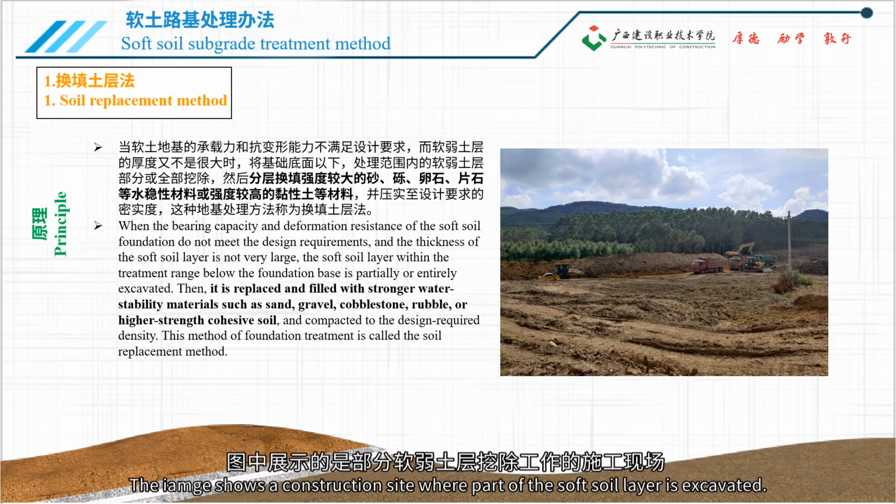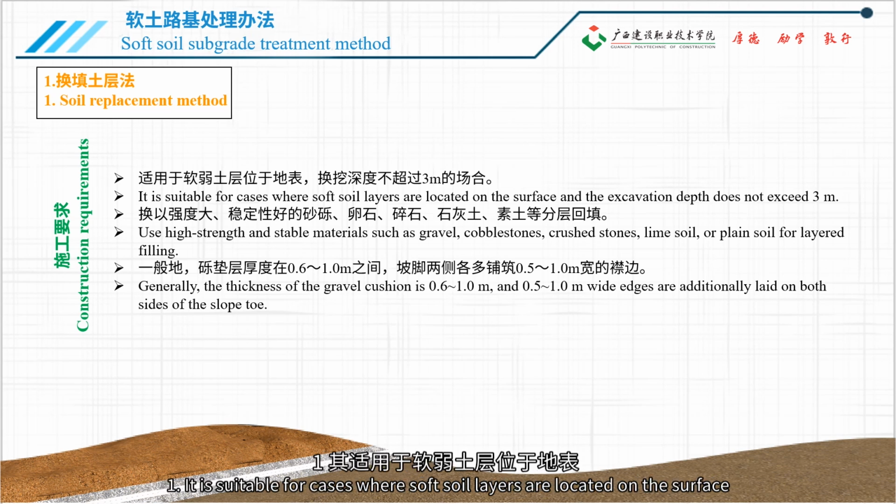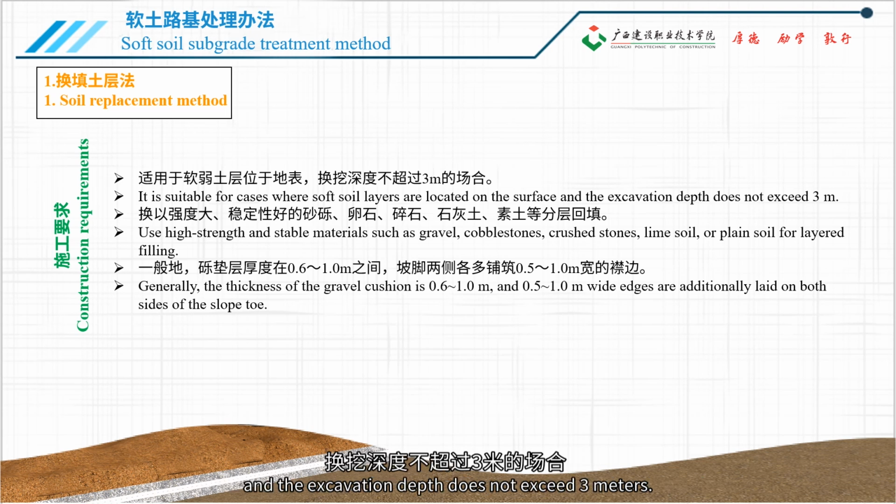The image shows a construction site where part of the soft soil layer is excavated. The construction requirements for the soil replacement method are as follows. 1. It is suitable for cases where soft soil layers are located on the surface and the excavation depth does not exceed 3 meters. 2.